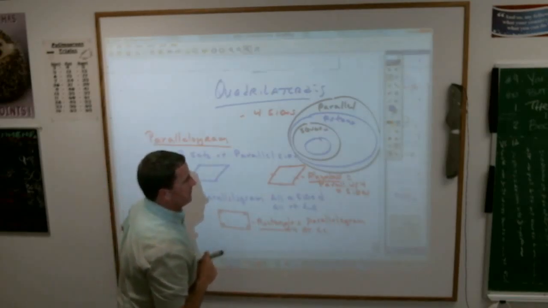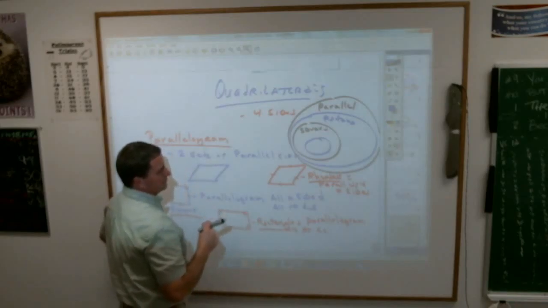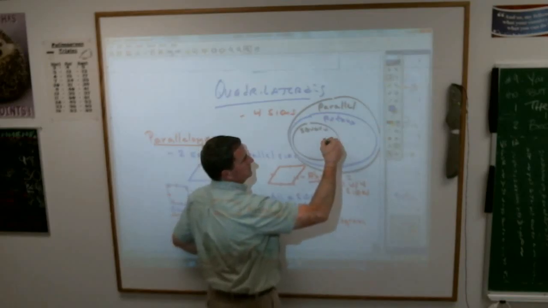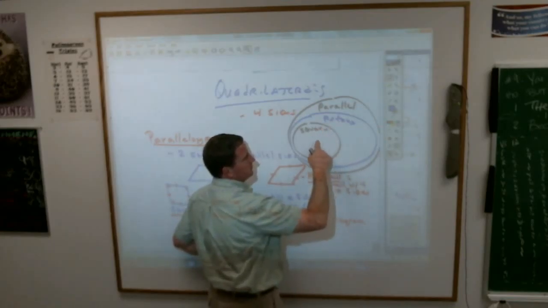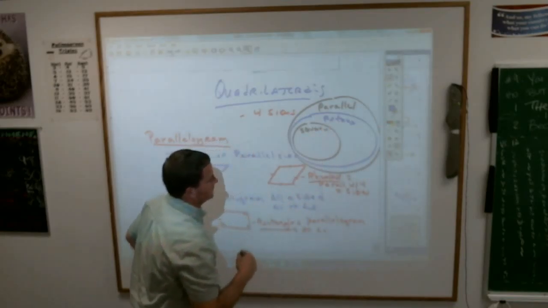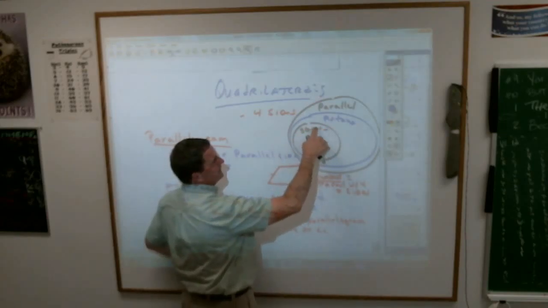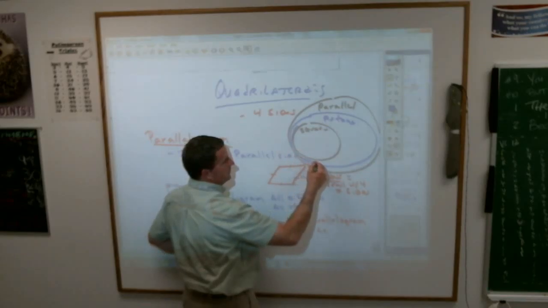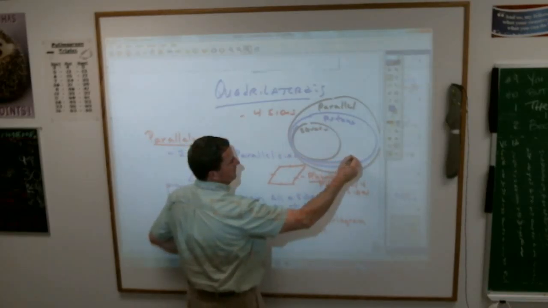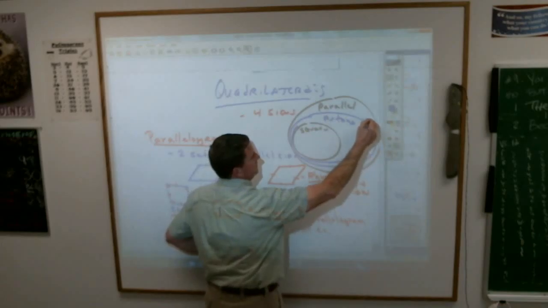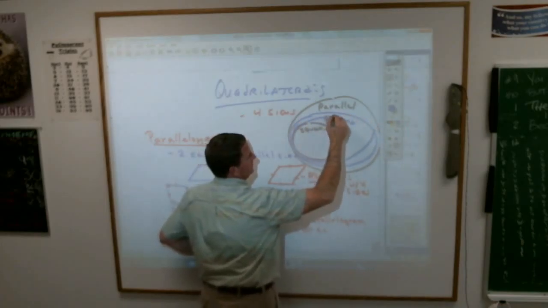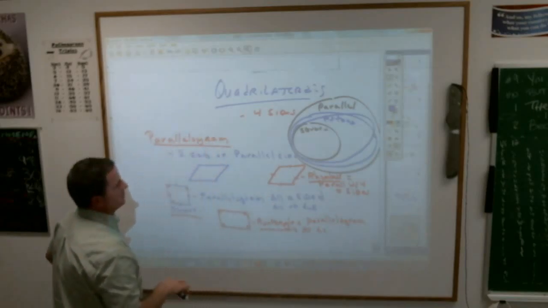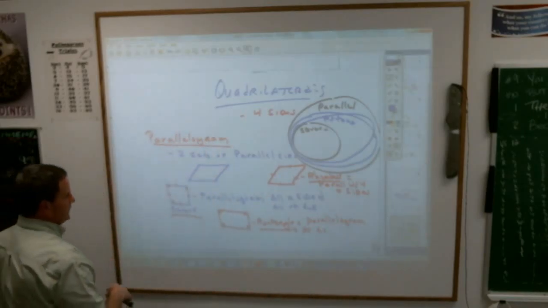Could a rhombus be a rectangle? Sure it could. All squares are rhombuses, right? So the rhombus would have to completely engulf the squares, but it can't be completely inside rectangles because there are some rectangles that aren't rhombuses. They have to come around the outside here. So it gets a little messy, I probably should have drawn it differently.